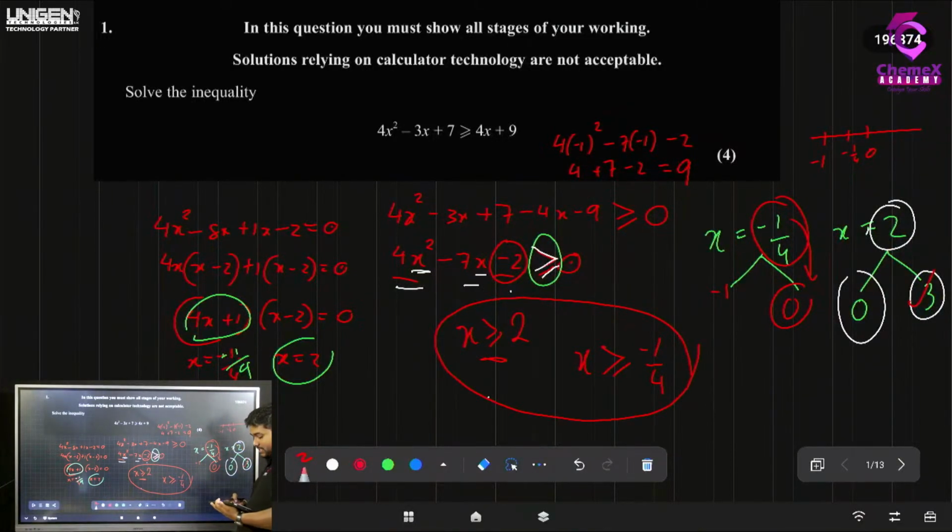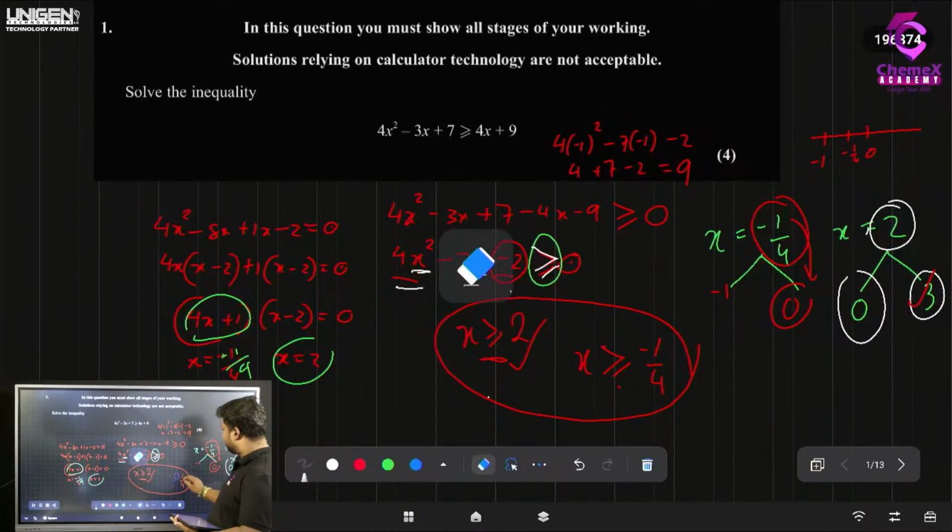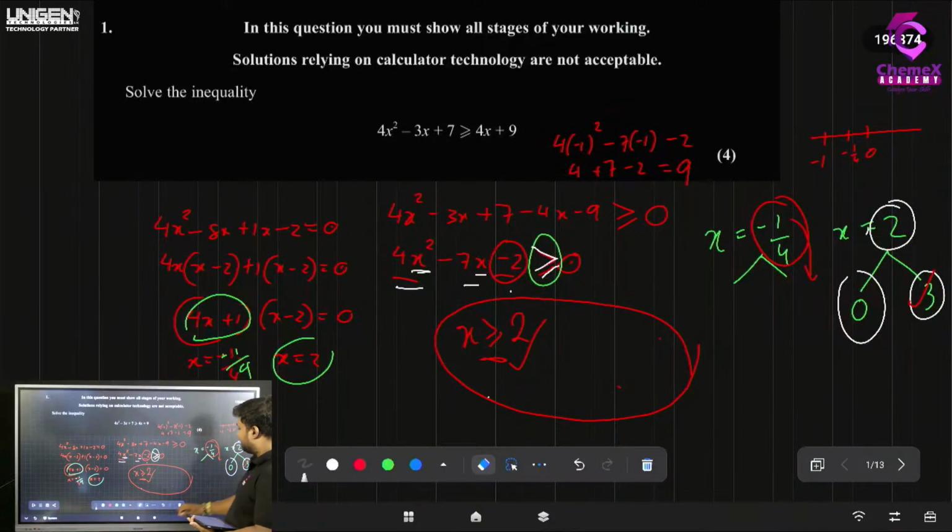Does anyone have doubts in getting these two answers? Should it be smaller than or larger than? Good question. Is this correct? Minus 0.25, right?